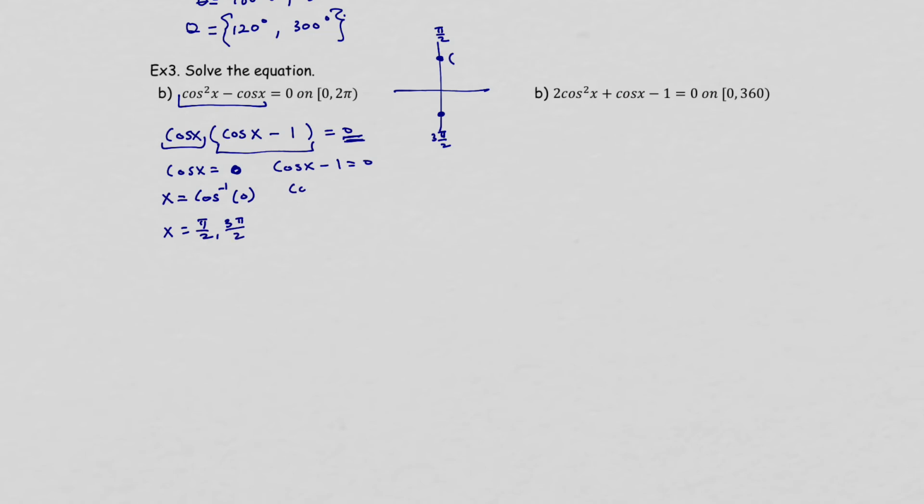And this one, you're going to add 1 to both sides. So this is asking, what angle is going to give you a cosine value of 1? We know that's when x equals 1. Which, starting from 0, will be 0 and pi.